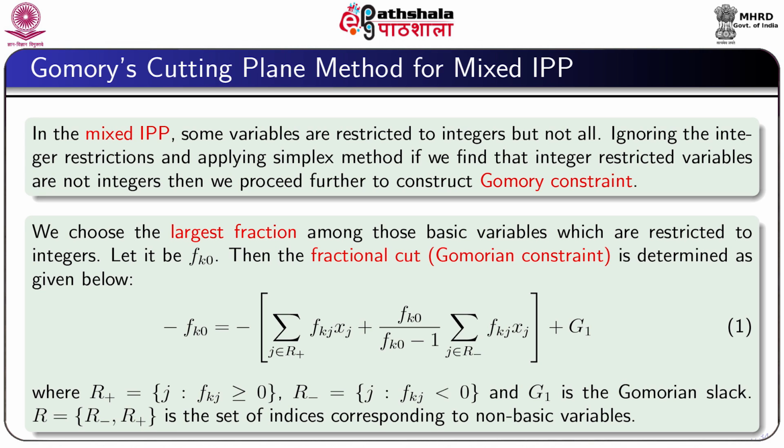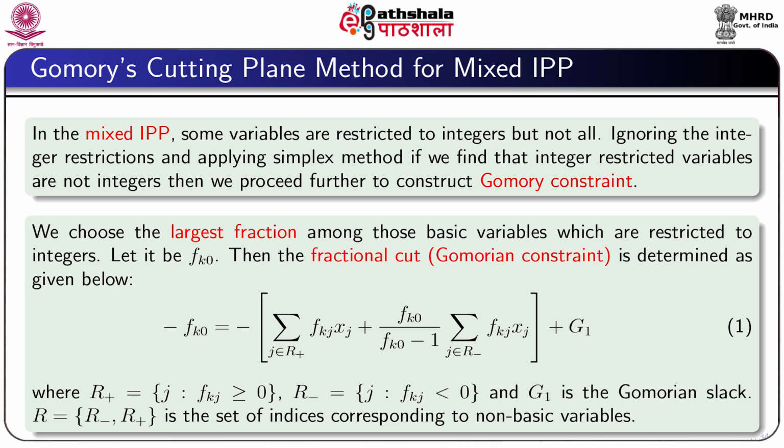If we find the integer restricted variables are not integers in the solution obtained by simplex method, then we proceed further to construct Gomory constraint.